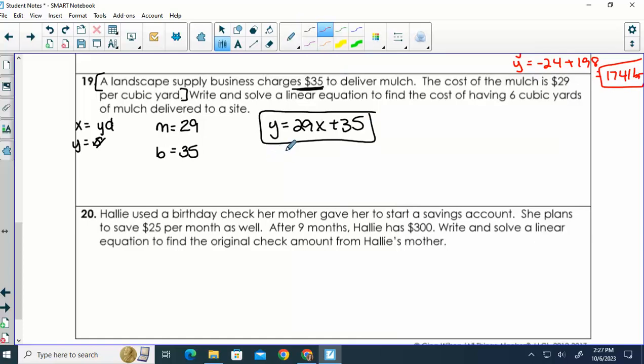All right, so now I want the cost of having 6 cubic yards of mulch delivered. So the 6 would be my x.